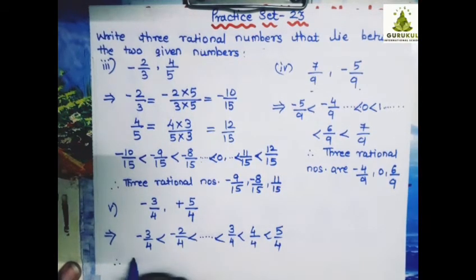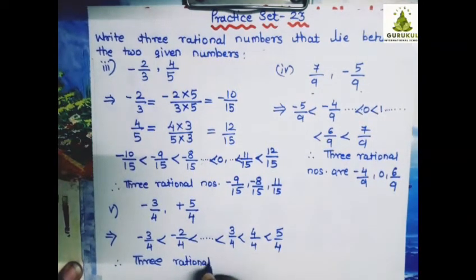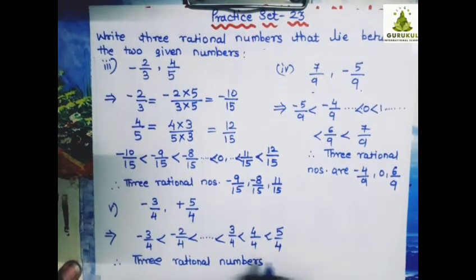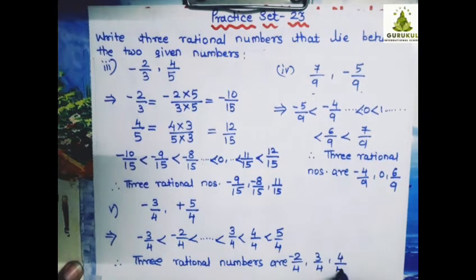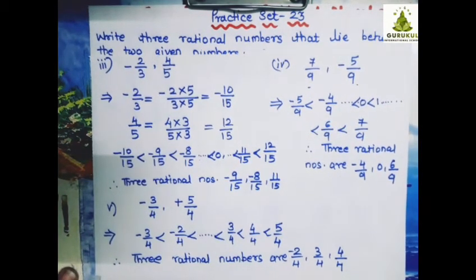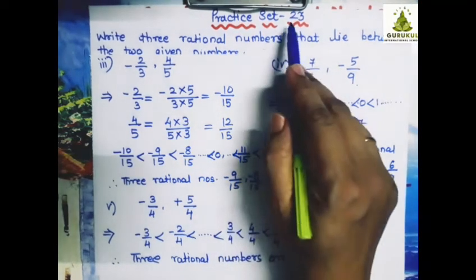Therefore, 3 rational numbers are, any numbers you can put. I will write minus 2 upon 4, 3 upon 4 and 4 upon 4. Okay, this can be your answer. So here we have done the fifth sum from practice set 23.